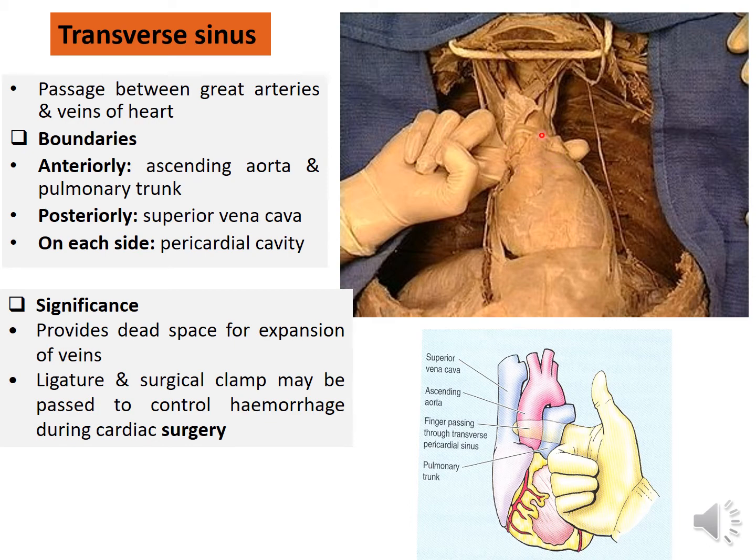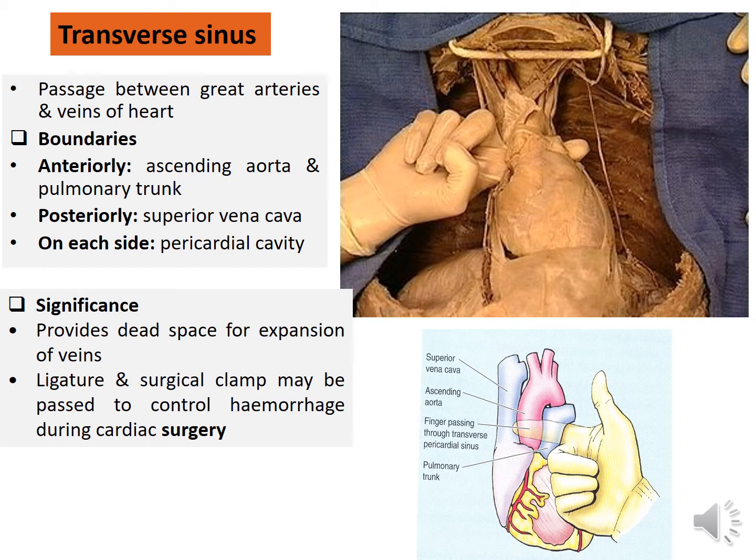This is frequently used while performing cardiac surgeries to control hemorrhage. I will repeat, the transverse sinus is used to pass a ligature or a surgical clamp around the great arteries of the heart. This is usually done while performing cardiac surgeries in order to control hemorrhage. So that is the significance of the transverse sinus.